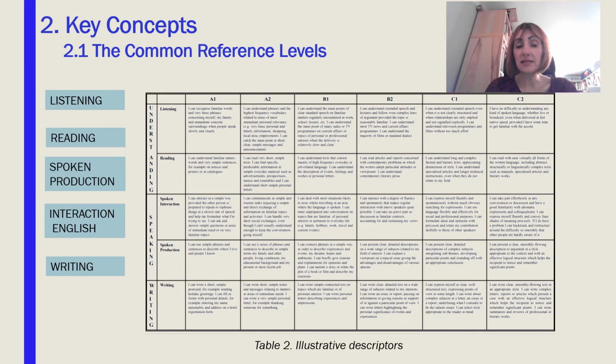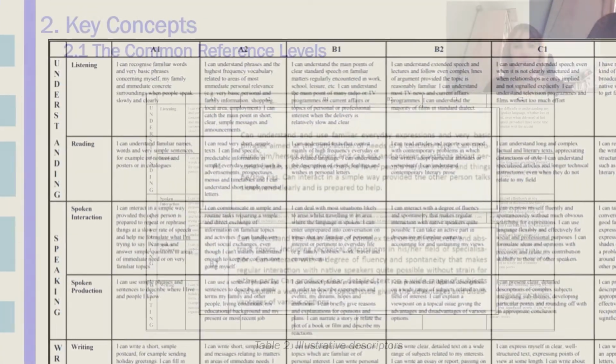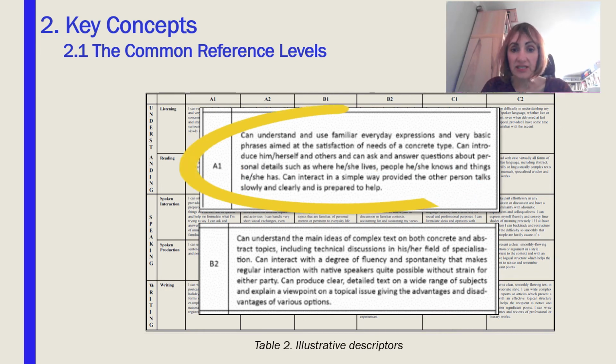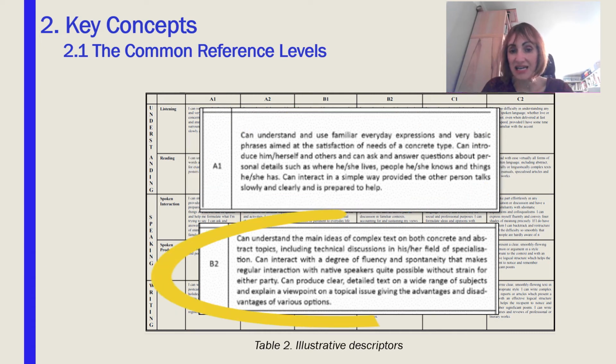Let's compare the listening abilities of a learner between A1 and a B2 user, for example. So you can see that the B2 is without strain, and A1 is provided that the other person talks slowly and clearly and is prepared to help. And of course, an A1 learner can understand and use familiar everyday expressions and very basic phrases aimed at the satisfaction of needs of a concrete type, as opposed to B2 who can understand the main ideas of complex text on both concrete and abstract topics.